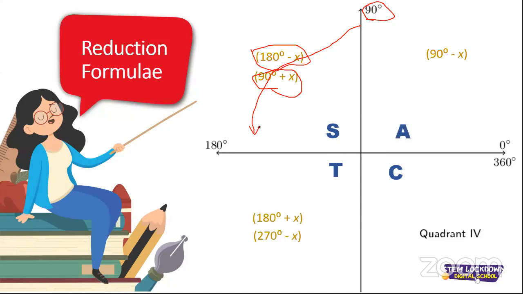The same is true for quadrant 3, where you have 180 plus x, meaning we're starting at this point and we're adding x each time. We're adding an angle from your protractor, and you have your 270 minus x, meaning we're starting from this point and you are subtracting an angle each time, moving backwards on your protractor.